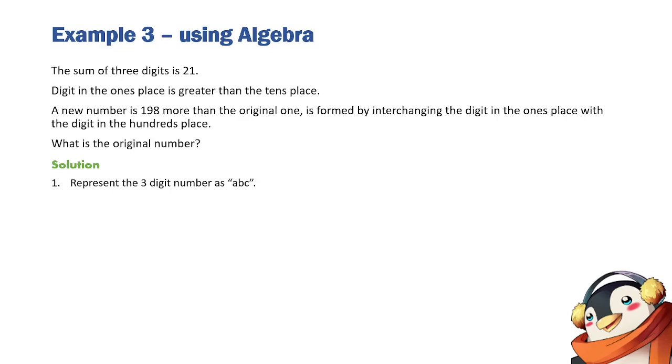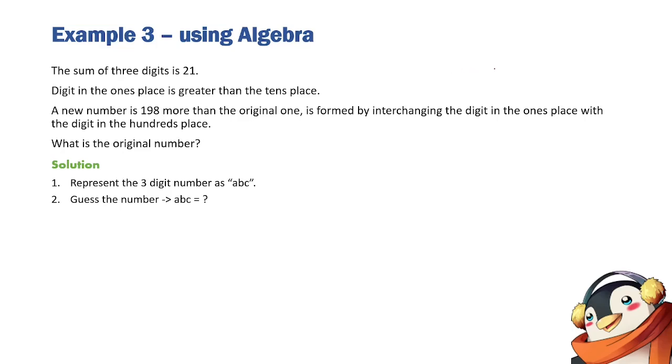So let's represent the 3-digit number with ABC first. And guess the number. Can you guess? I think you can guess what the original number is. With the first sentence you can really guess, isn't it?